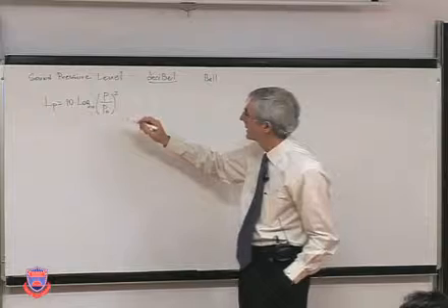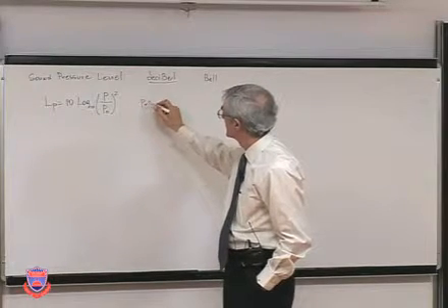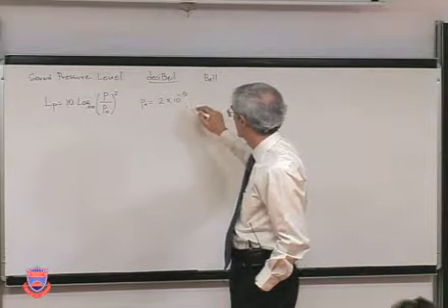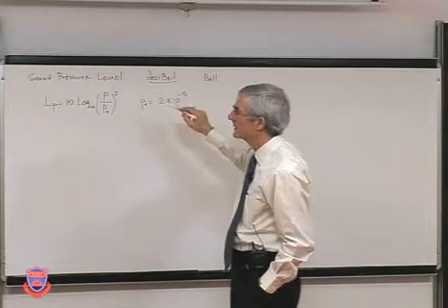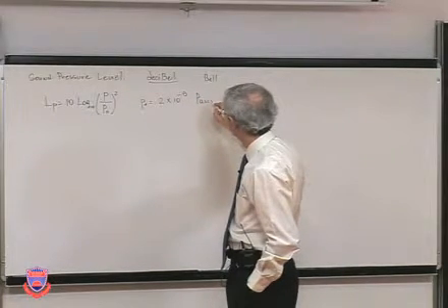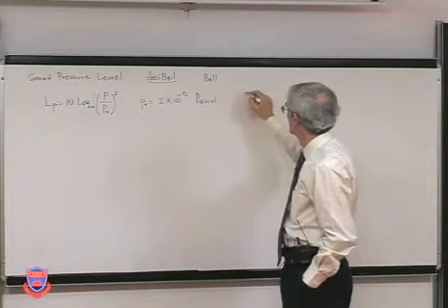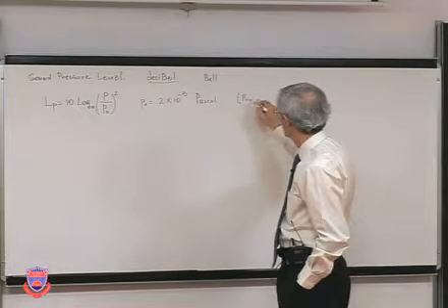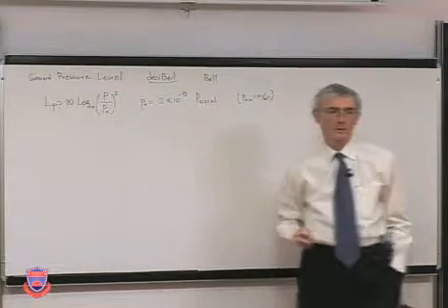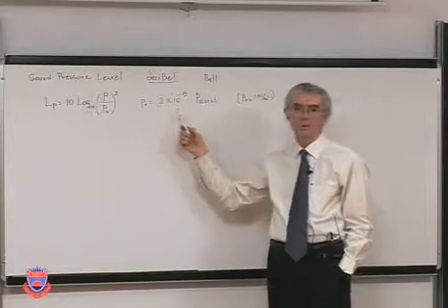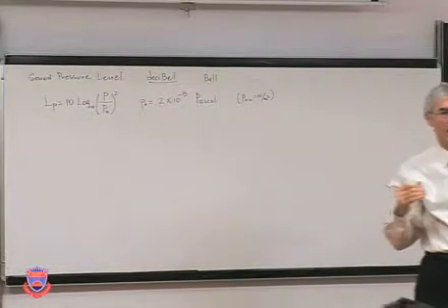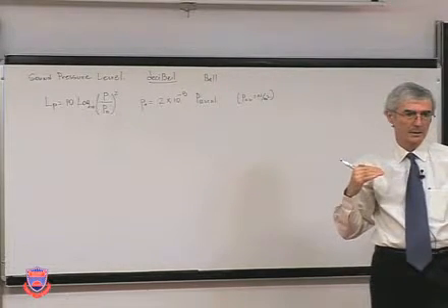And this P0 is the reference pressure, and that's 2 times 10 to the minus 5 pascals. And of course, Pascal is 1 Newton per meter squared. And this value corresponds approximately to the lowest level of sound a human being can hear.